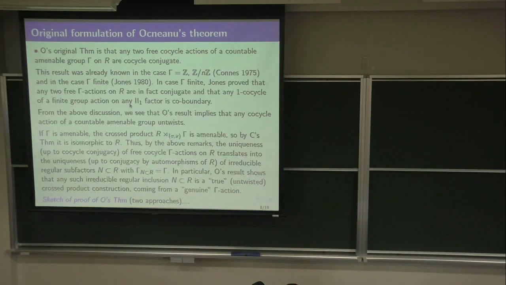There is more to this story because there is also an H3 cocycle, which is an invariant. I don't want to get into that. So we just take free actions of groups, in particular in this case of Z over nZ. And in that case it was Connes, and that was a very strong motive.